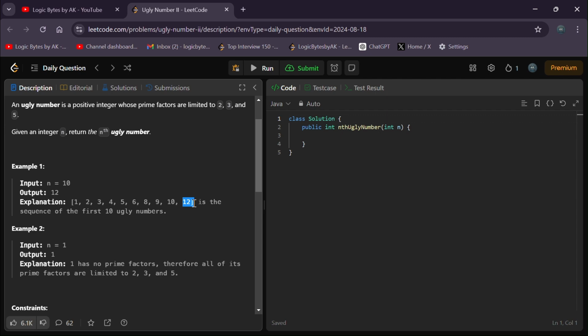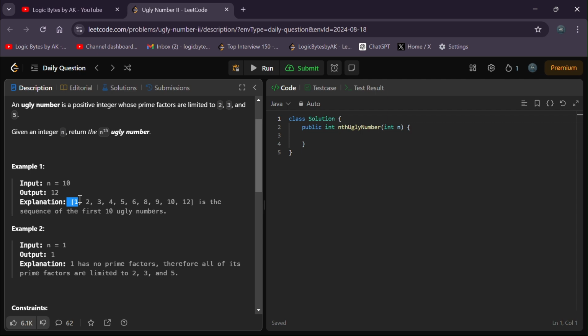So let's understand the problem by going through the examples. The first example given is n equal to 10, and the answer is 12. Let us go into detail on why it is 12. The first ugly number is 1. What are the prime factors of 1?